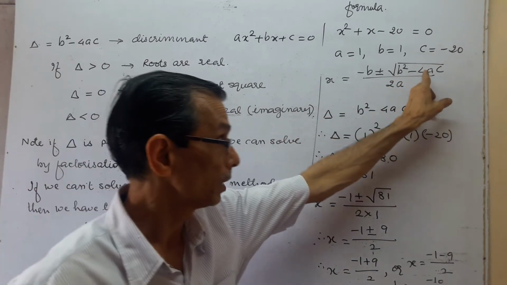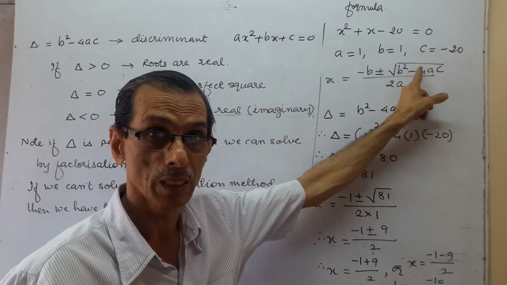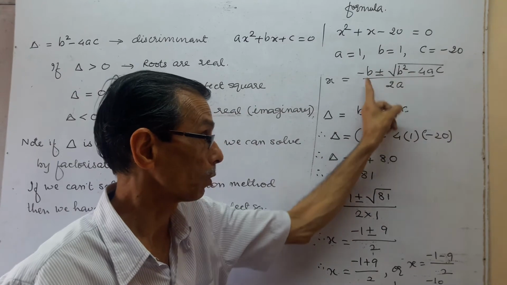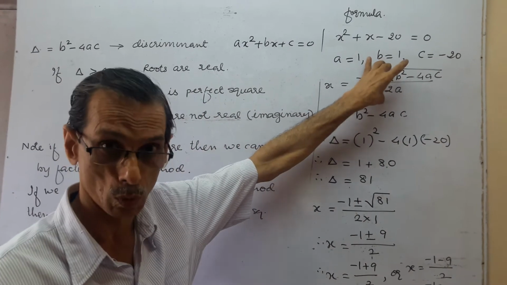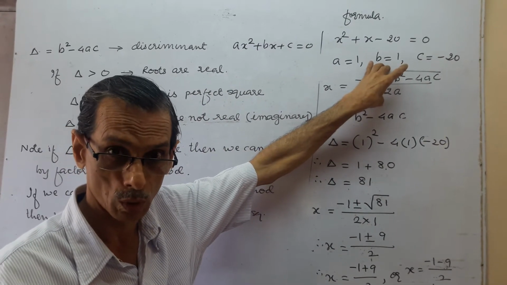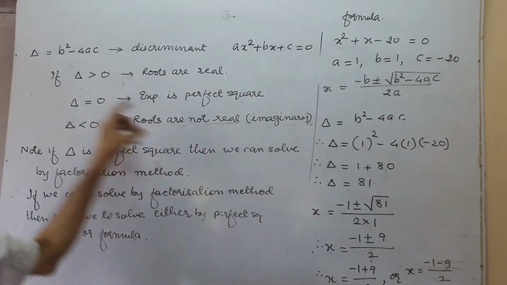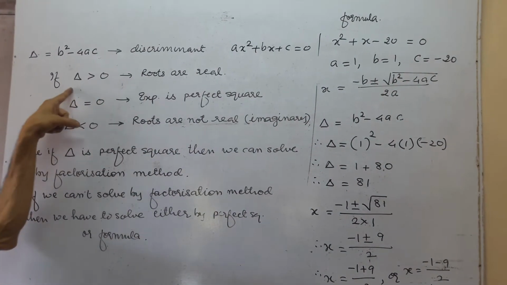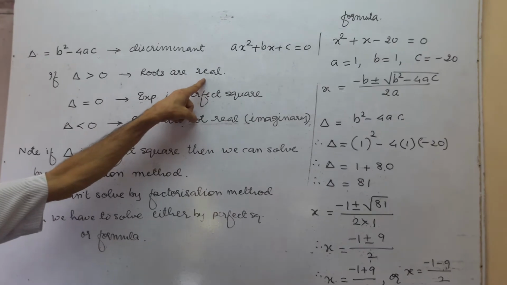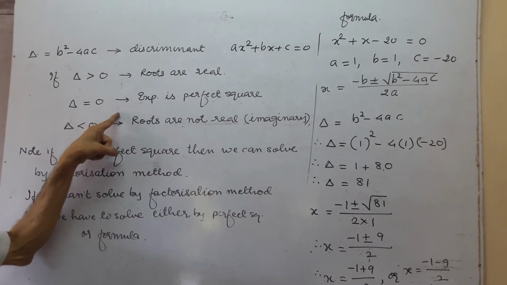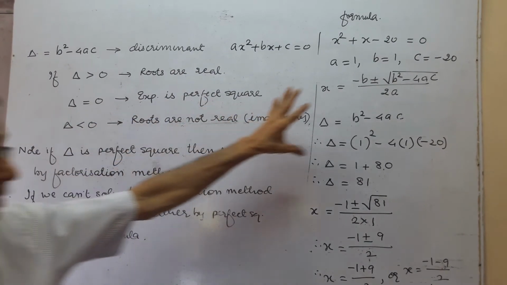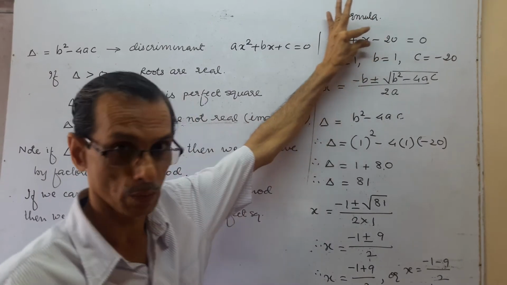Now, this delta determines the nature of the roots. If delta is greater than 0, the roots are real. If delta is equal to 0, the expression is a perfect square. We will take one example.